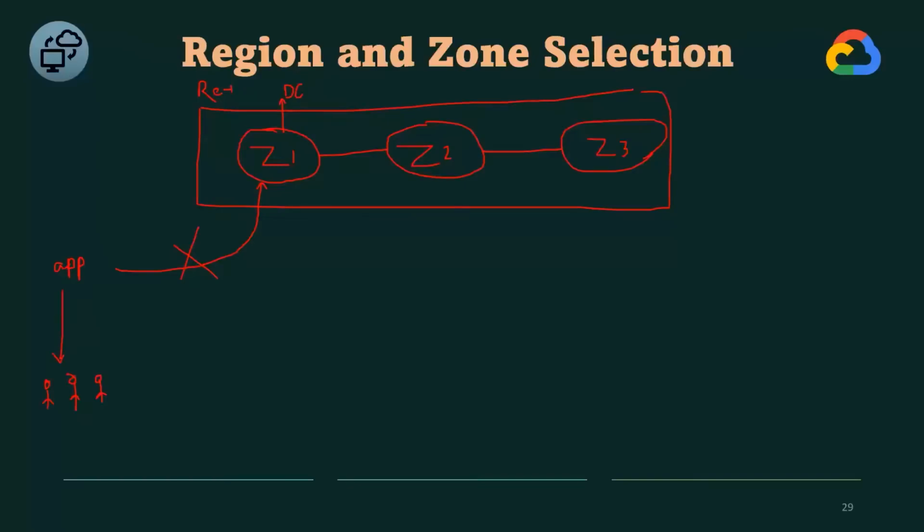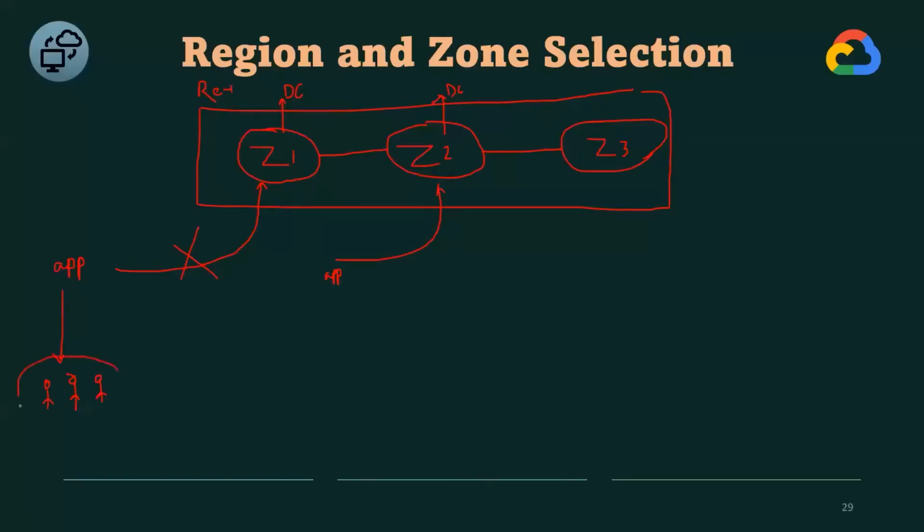Usually we go with a disaster recovery plan. So can I deploy the same application here also? Yes. When I deploy my application in two zones, your application is running in zone 1 and zone 2.